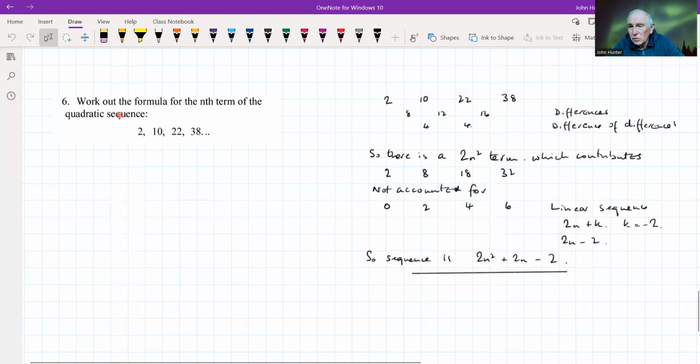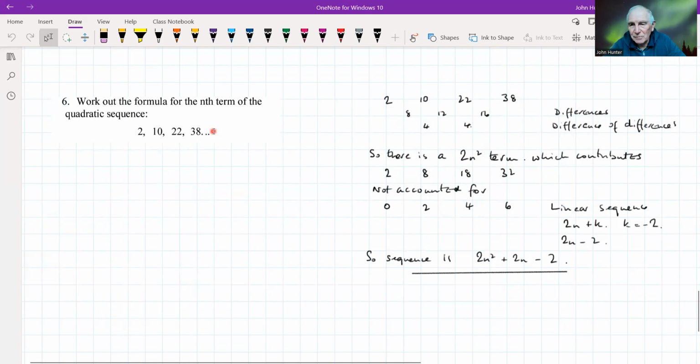Incidentally, it tells us it's a quadratic sequence, so we know what process to follow. If it just said it was a sequence and these were the first 4 terms, there are other possibilities, it might not be a quadratic sequence.